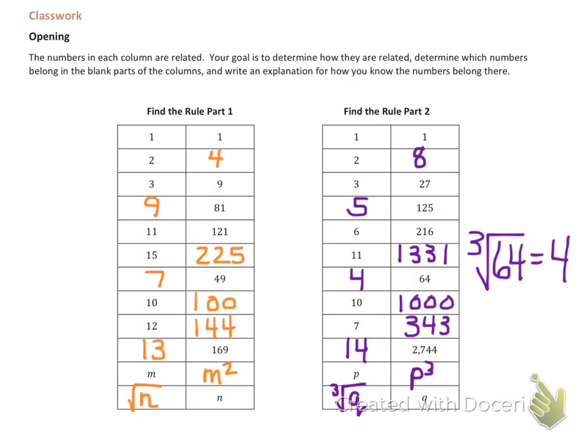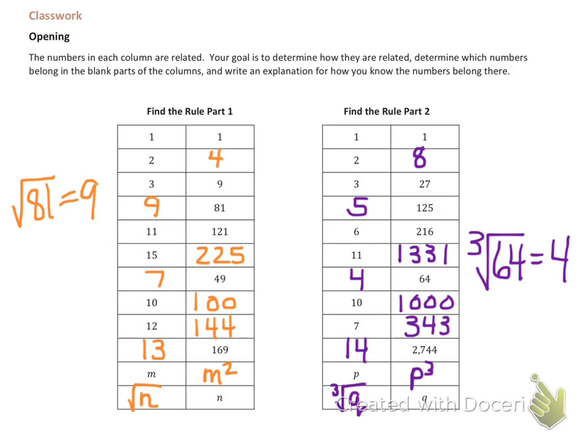So remember over here, the square root of 81 is equal to 9. You could think, well, why don't I put a 2 there?